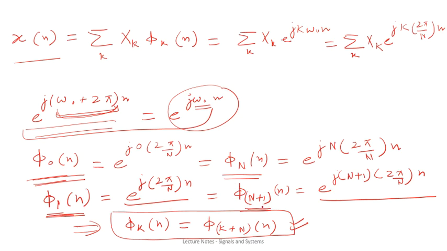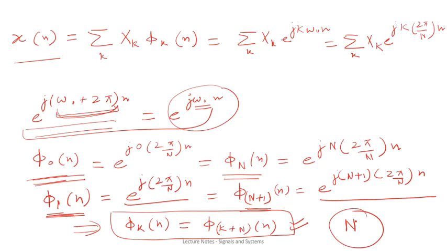So you can infer one important thing from here, that there are only capital N independent harmonics, and their frequencies range over an interval of 2 pi.